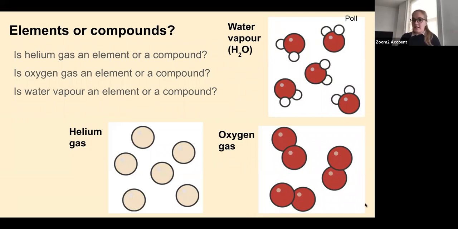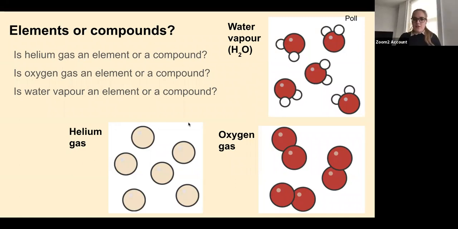So oxygen gas is also an element. And finally, water vapor. Is this an element or a compound? Most of you did so well on this question because it is a compound. Water vapor consists of molecules that have one oxygen atom chemically joined to two hydrogen atoms. So it's H2O, and this is a compound.